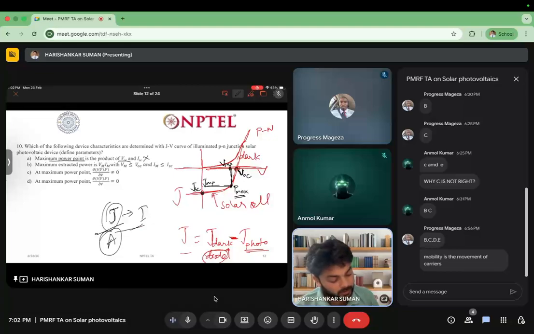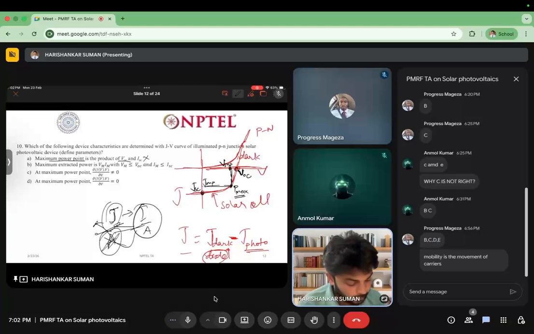Current divided by area is known as current density J. So both are similar. Maximum extracted power is Vm multiplied by Im, with Vm less than or equal to VOC and Im less than or equal to ISC.